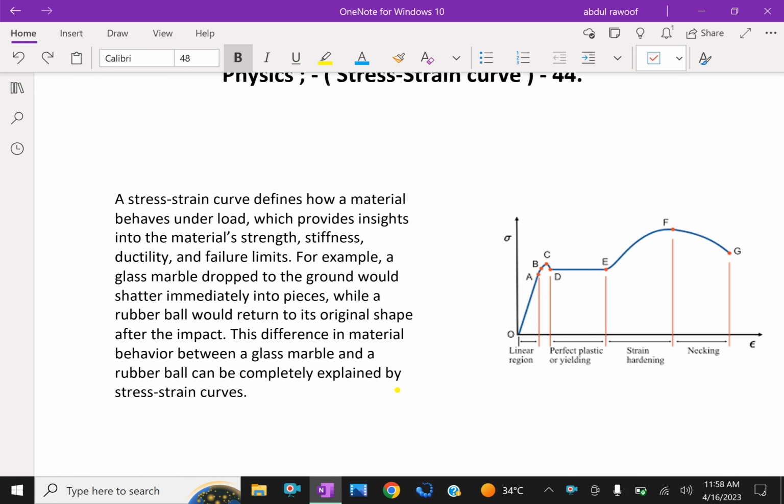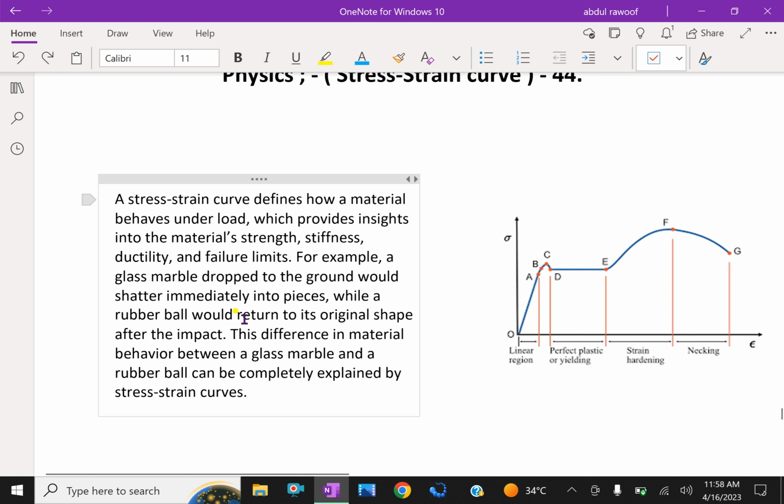A stress strain curve defines how a material behaves under load, which provides insight into the material's strength, stiffness, ductility, and failure limits. For example, a glass marble dropped to the ground would shatter immediately into many pieces, while a rubber ball would return to its original shape after the impact.